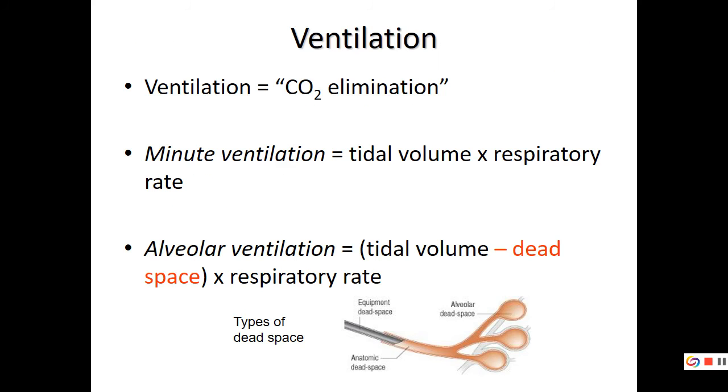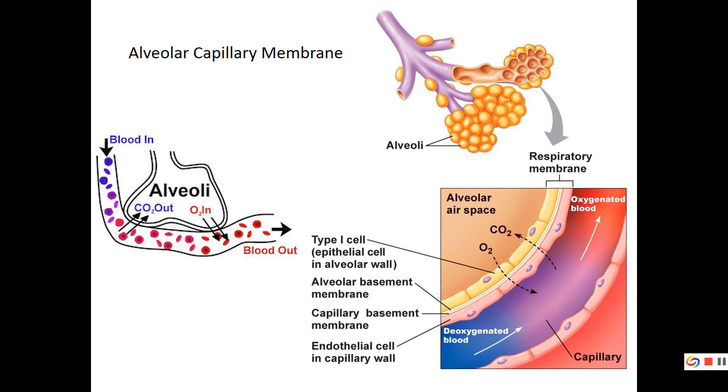So there's lots of types of dead space. And again, why am I showing you this equipment dead space? Because the respiratory therapist will shorten the length of the endotracheal tube to decrease the airway resistance. Remember that Poiseuille's law that we talked about? But it also is decreasing the dead space. So cutting that endotracheal tube, shortening it down, decreases the airway resistance, and decreases the dead space.